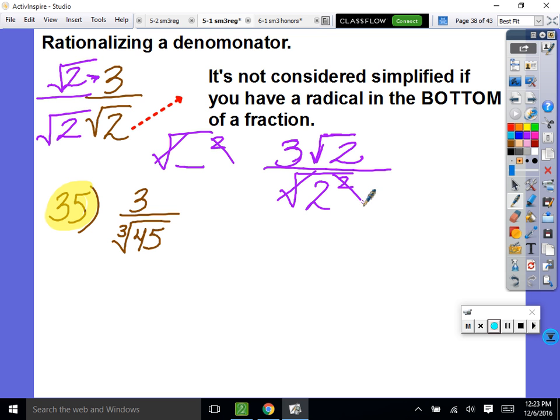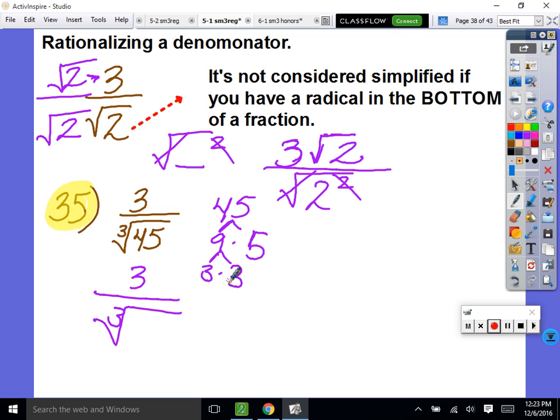So let's rewrite this problem. 3 over the cube root of, what does 45 break down into? 9 times 5, and 9 breaks down into 3 times 3, correct? If we would have went with 4 double factors, same thing, right? So we have a 3 times 3 times 5. Everybody rewrite that.